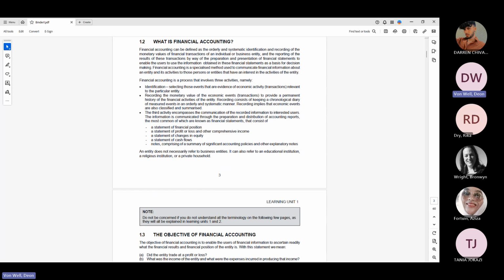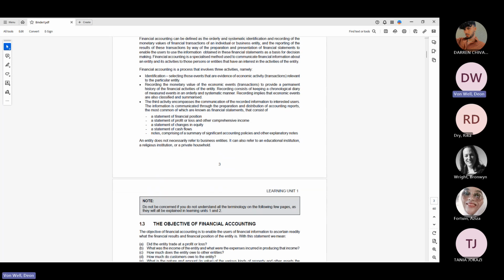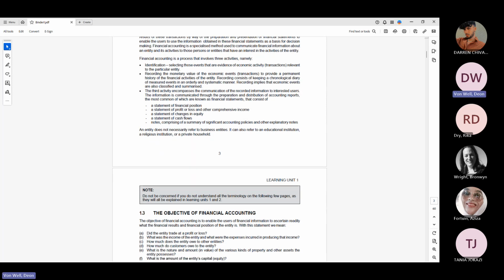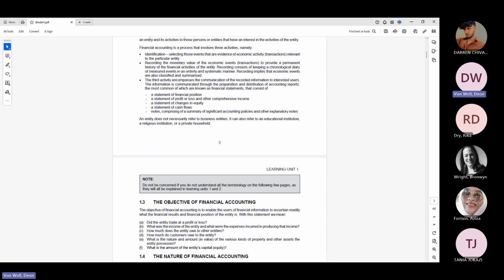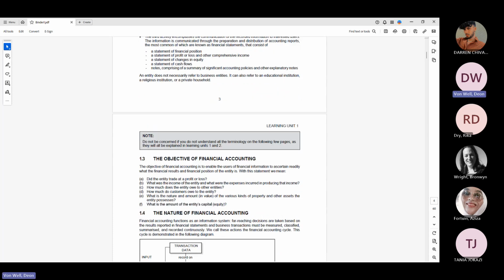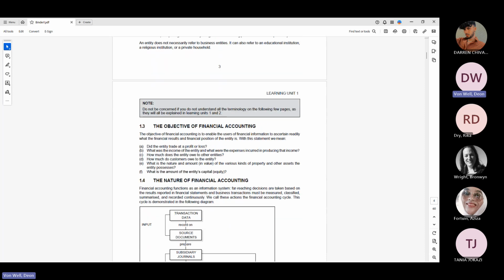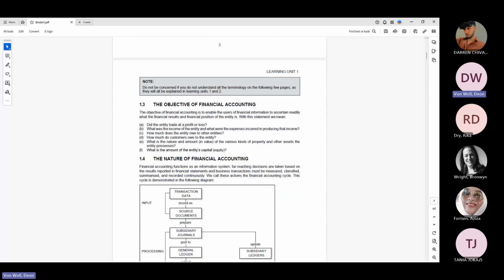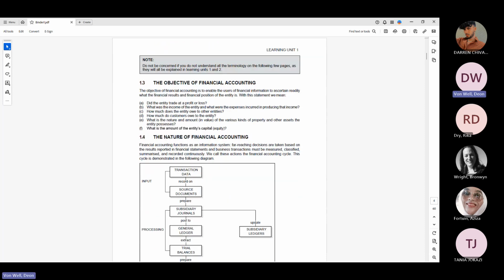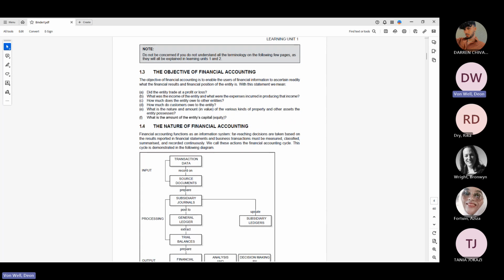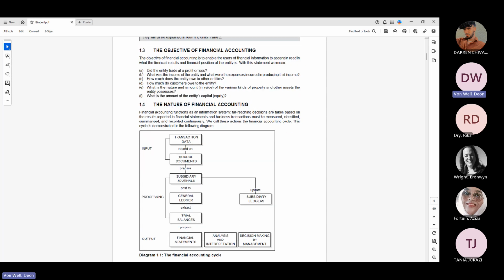It might be a multiple choice where you ask a question, which one is, let's say, an example of an asset, and then we will give you all the options, and you must then just choose the correct option. So that's basically when it comes to theory questions, it can be in that format. So Learning Unit 1 is theory, read through it, remember it.